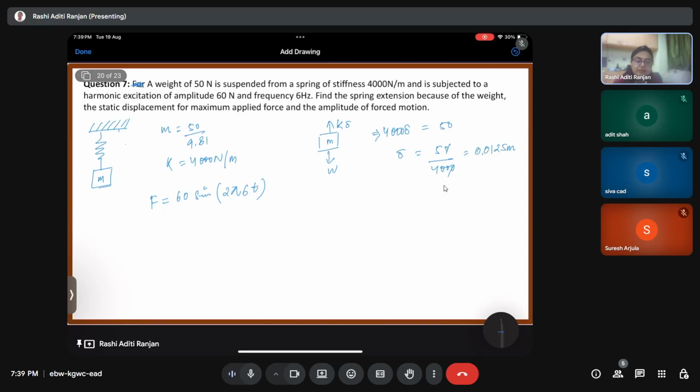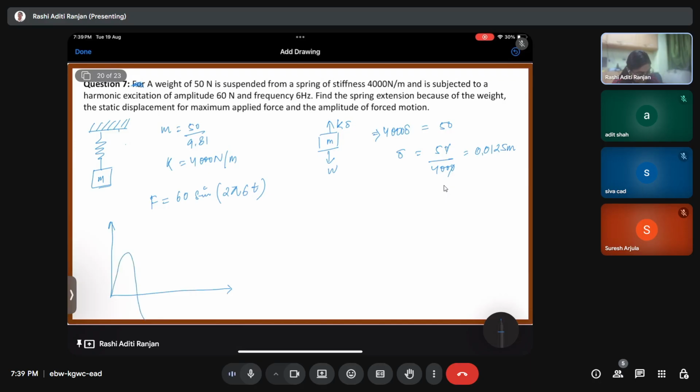After that we have to find out the static displacement for maximum applied force. By maximum applied force, what does it mean? See, the F is actually of something like a sine of omega t. Sine of 0 is going to be 0.